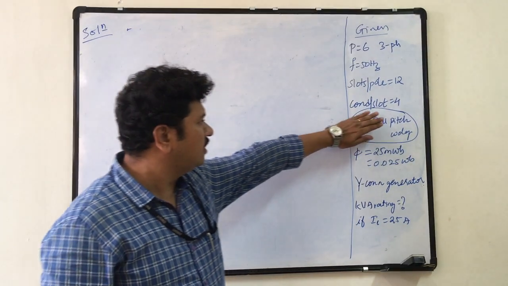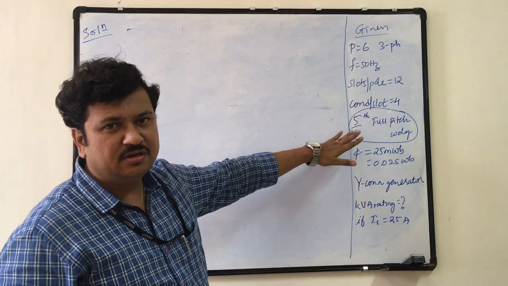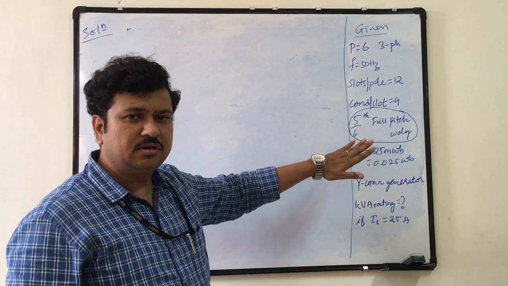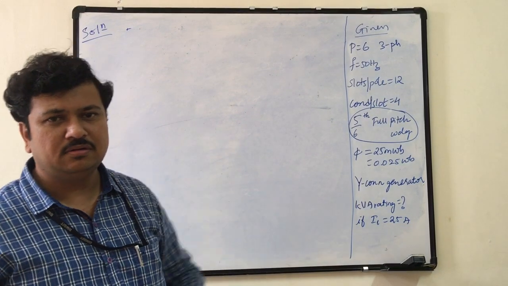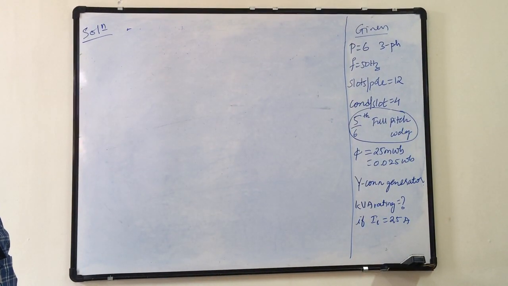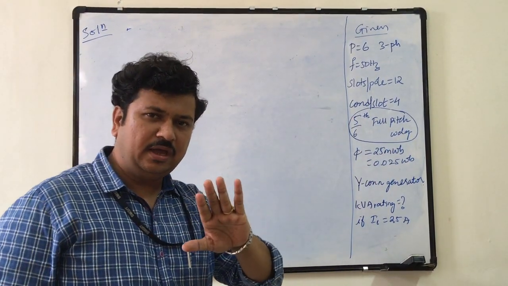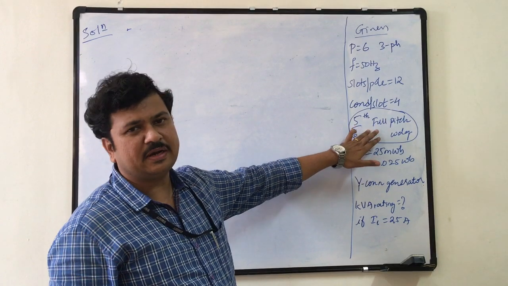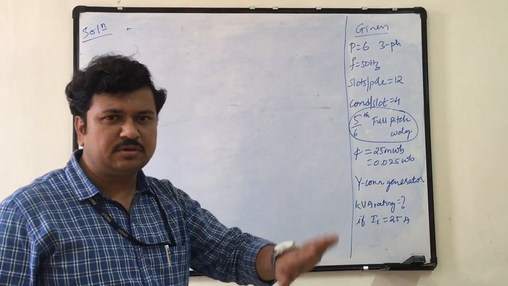Now suppose this was not mentioned, then I could have taken the pitch factor equal to 1, assuming my coil is full pitched. But because it is mentioned, now I have to find out what is the pitch factor. Okay, and nothing is mentioned about the distribution factor.